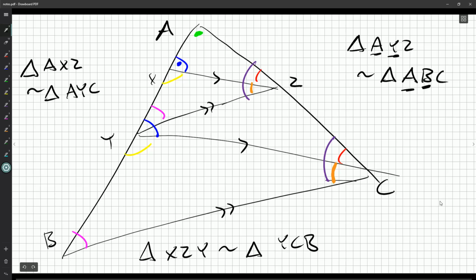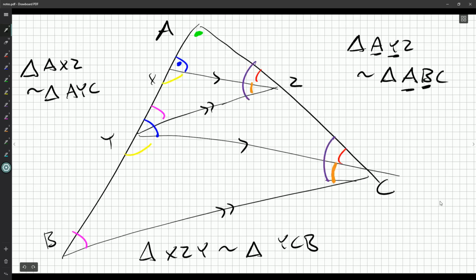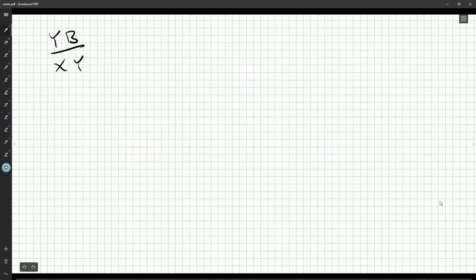So YB is to XY as YC is to XZ is to BC as YZ.